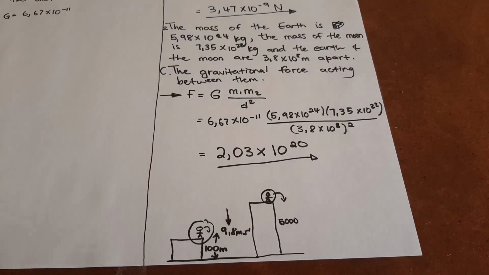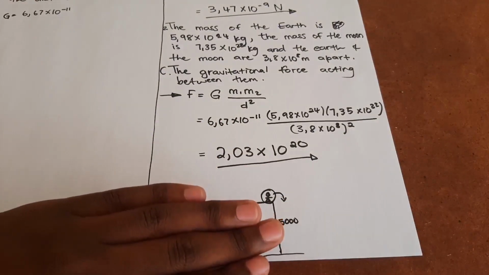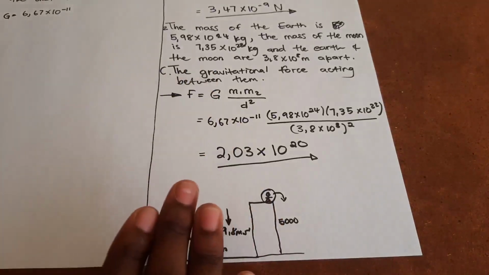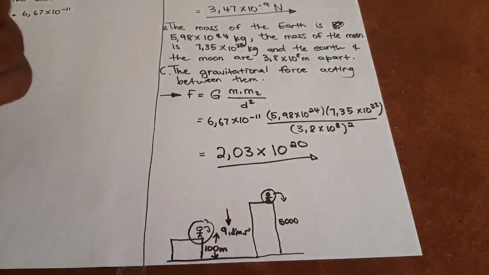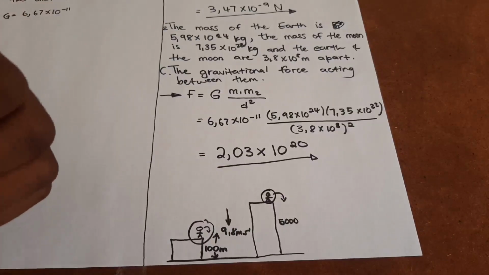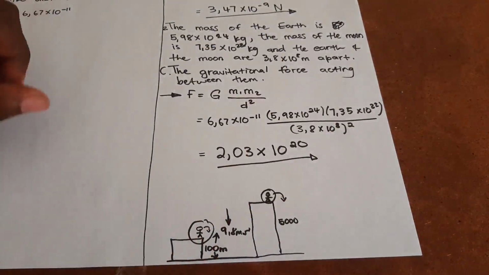Let's say this one was in space, there was less gravitational acceleration acting on that person, pulling them downwards. If you're very, very far from the earth's surface, that basically means that you're experiencing less gravitational acceleration, meaning that the earth is pulling you downwards with less force.